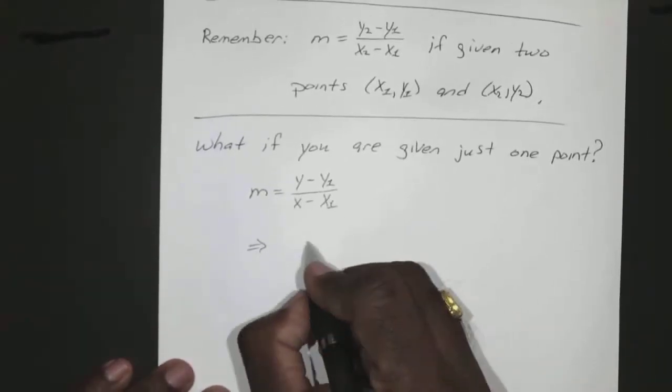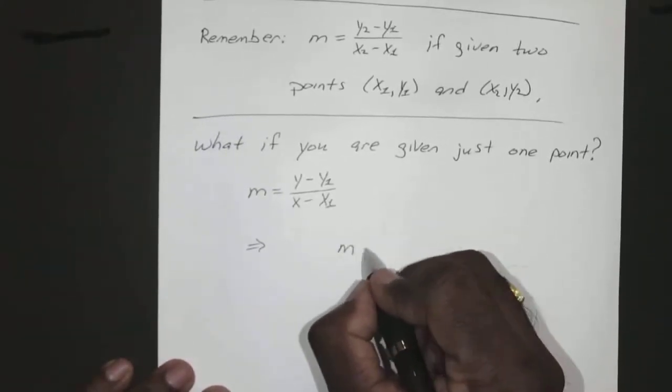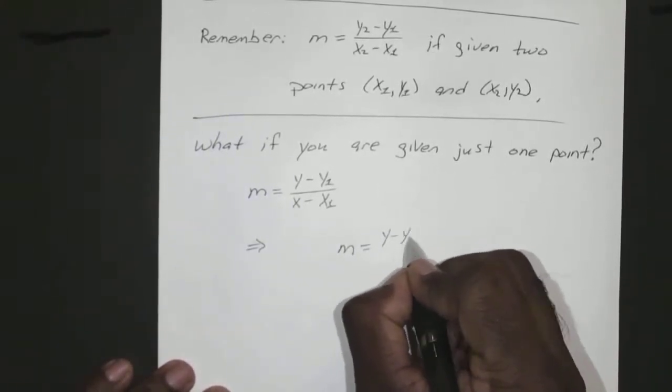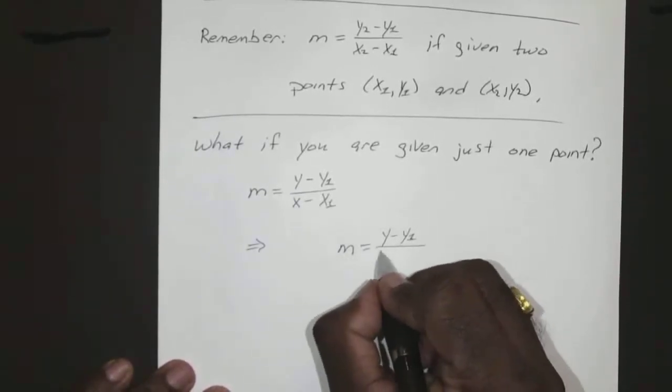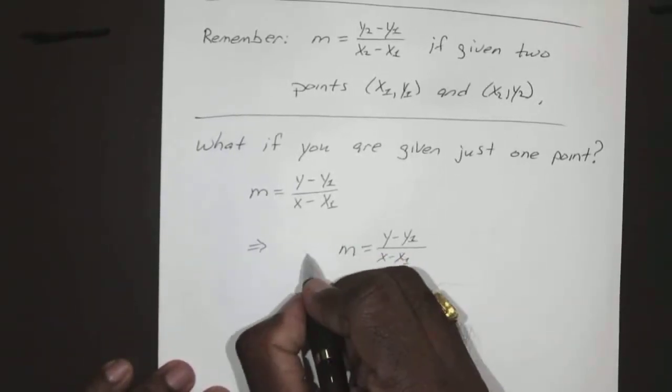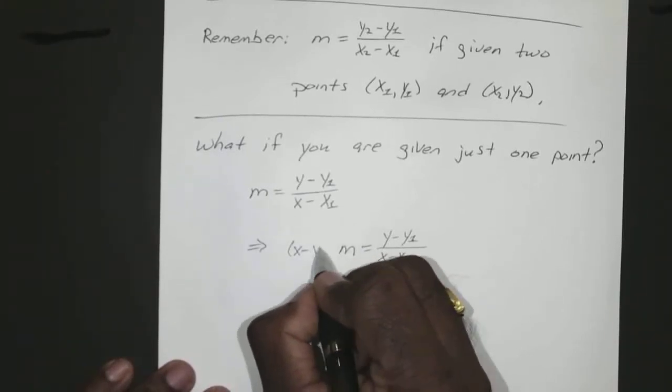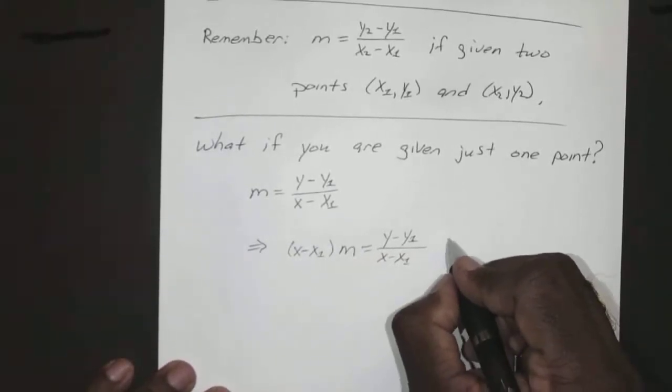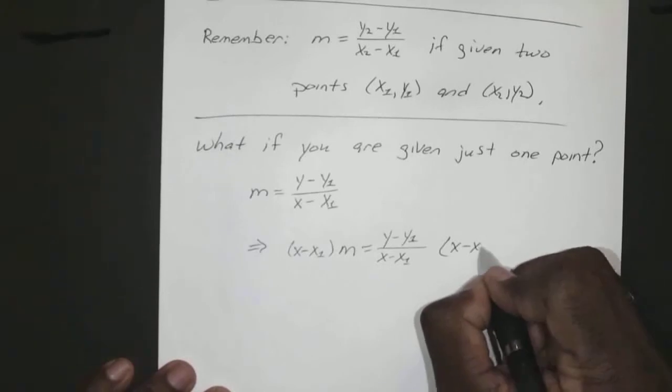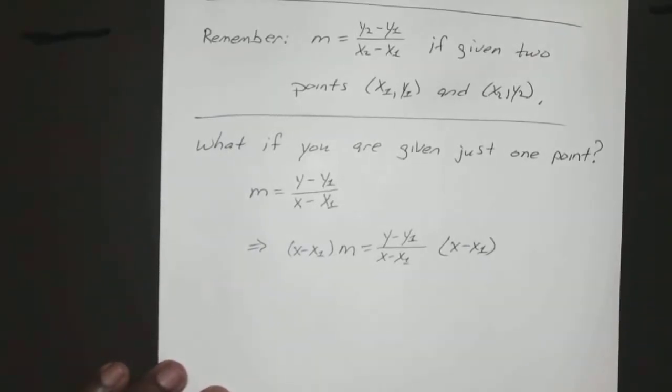So if you have m equals y minus y1 over x minus x1, multiply this side by x minus x1, and multiply this side by x minus x1.